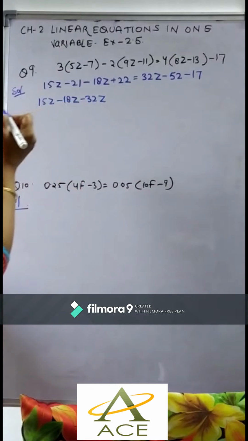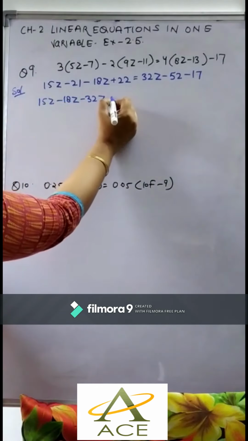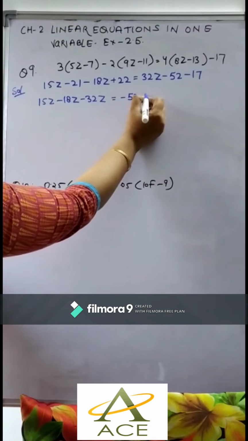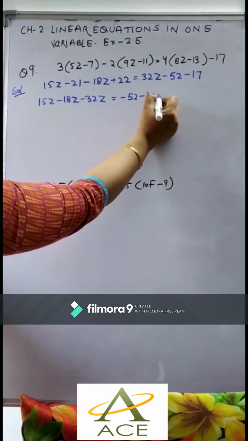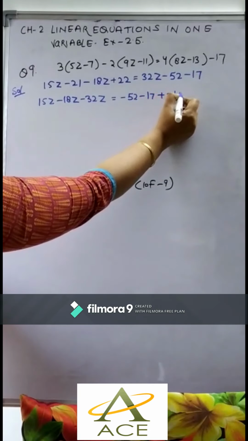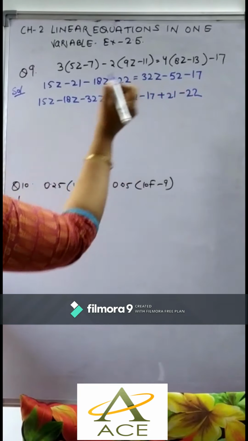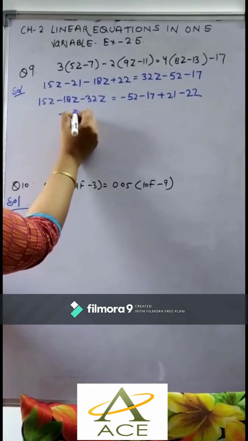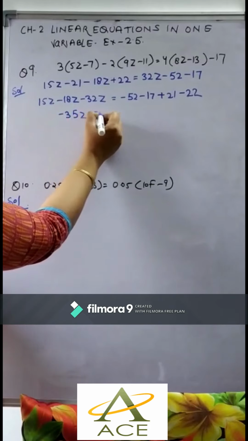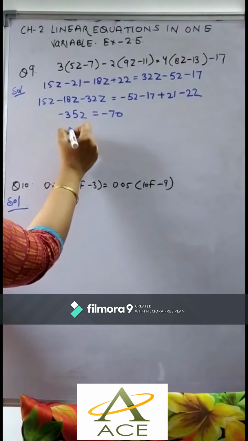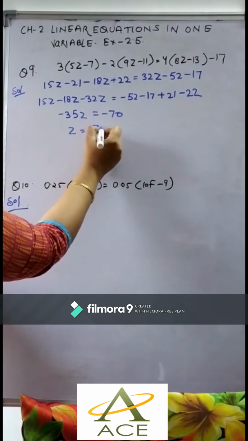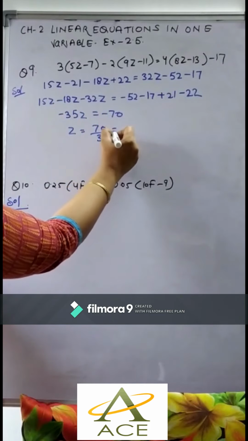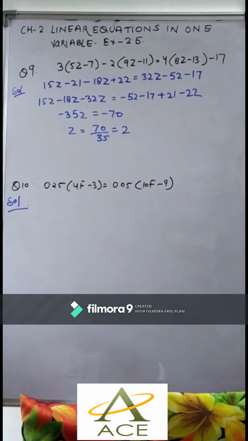We'll take variables on one side and constants on the other. Is equal to minus 52 minus 17 plus 21 minus 22. Now by calculating we will get minus 35z is equal to minus 70 and z is equal to 70 upon 35. Minus will get cancelled, equals 2.